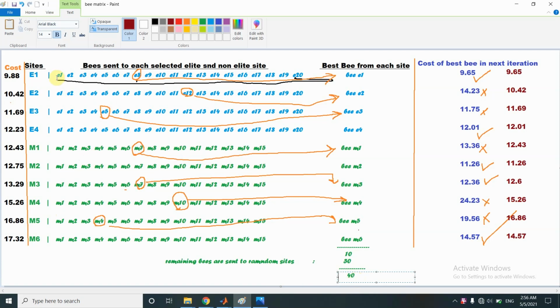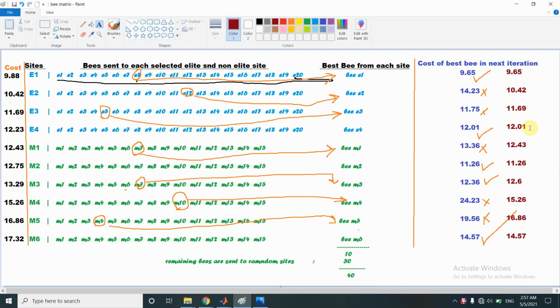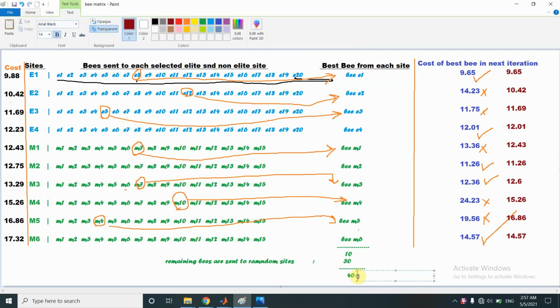These are just the bees which are sent to the selected sites, and only the best bee from each site is taken in the population of these 40 bees. So in this way, these 10 bees from the selected sites and 30 other bees which were sent to random locations actually form the total population of 40 bees.